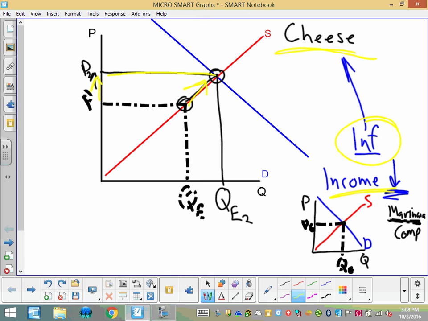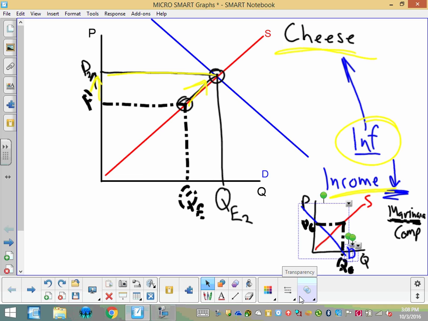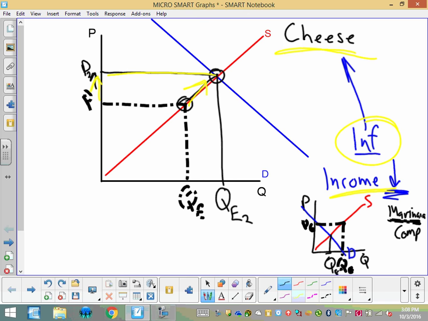A decrease in demand for marinara sauce. Causing what to happen to the price and quantity of marinara sauce? Okay? You have our QE2 and our PE2.